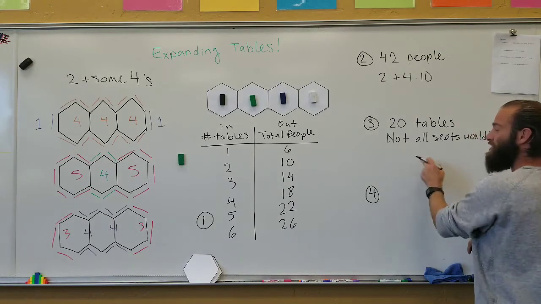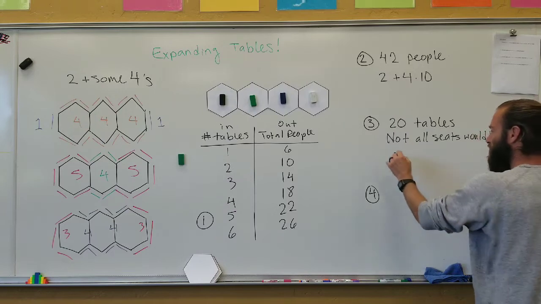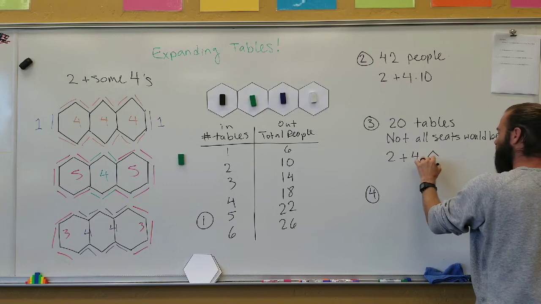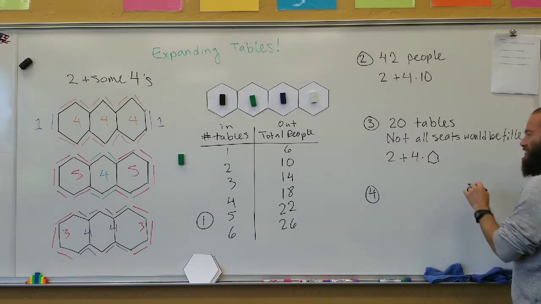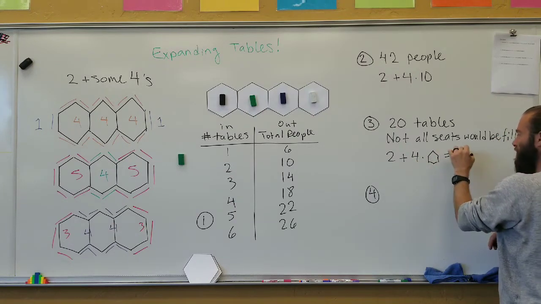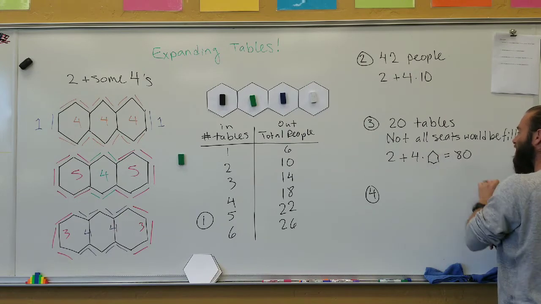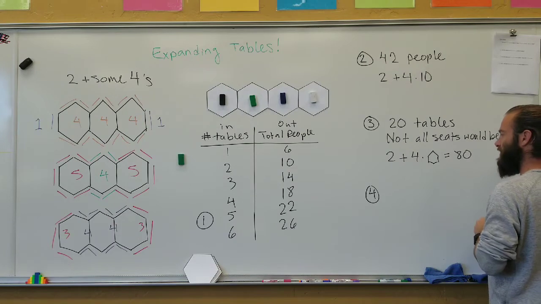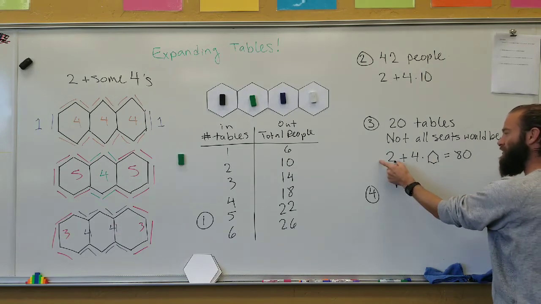And then maybe to answer number 3, I could say, okay, well, 2 plus 4 times, well, we usually use variables, but we could also just use a little symbol for a table. We want to know when that equals 80, right? And if we solve this by backtracking, we can subtract 2, right?